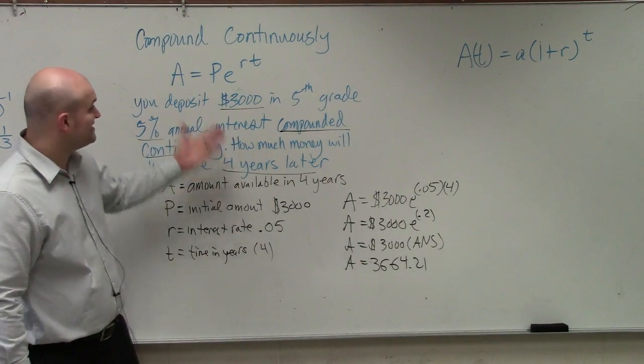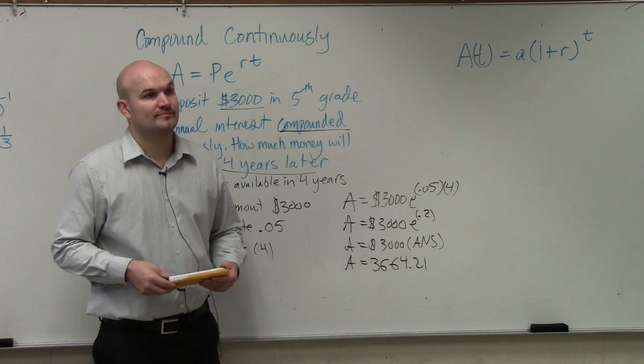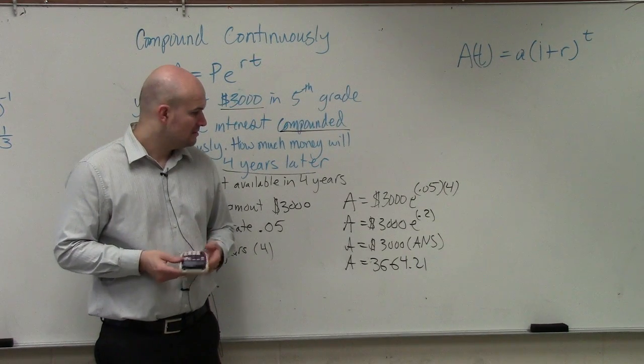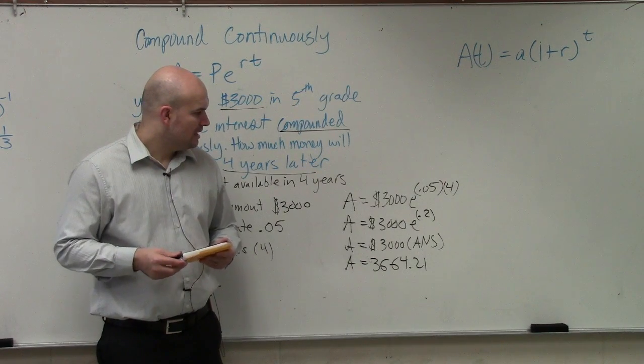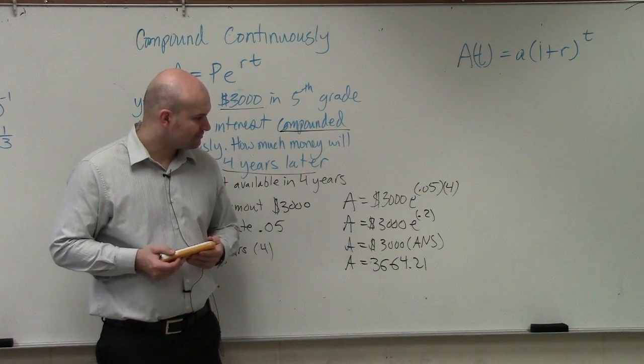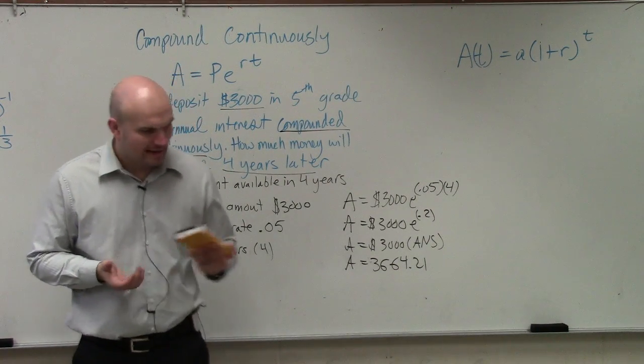So let's see, how much money did you make? You made $664. Yes, Josh. Why would it go up? Because you can't make money that you don't have. Why would you round up? Well, you could. I'm just rounding.